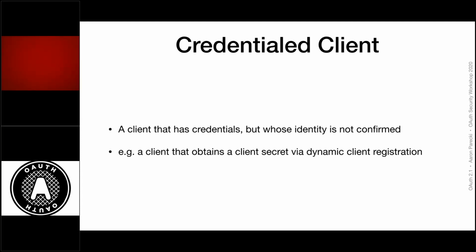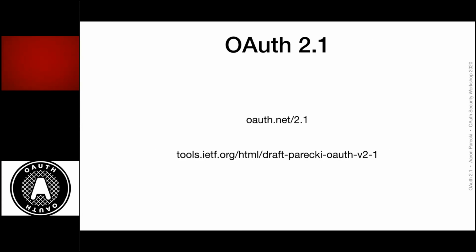Honestly, I never liked the term public and confidential anyway, but that's too late to change. We don't want to go that drastic. But this is, again, an active ongoing effort. You can read the draft at the spec at that tools link. I also have a summary of it at OAuth.net. The status of this work is it is still an individual draft.